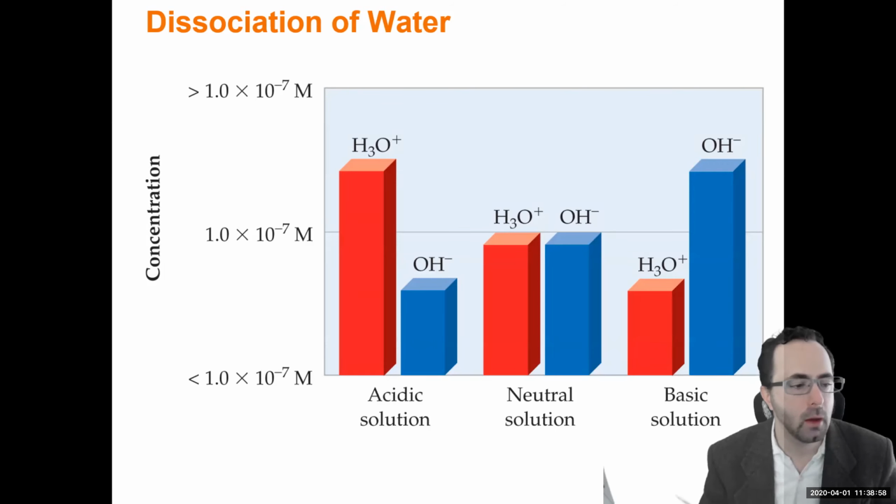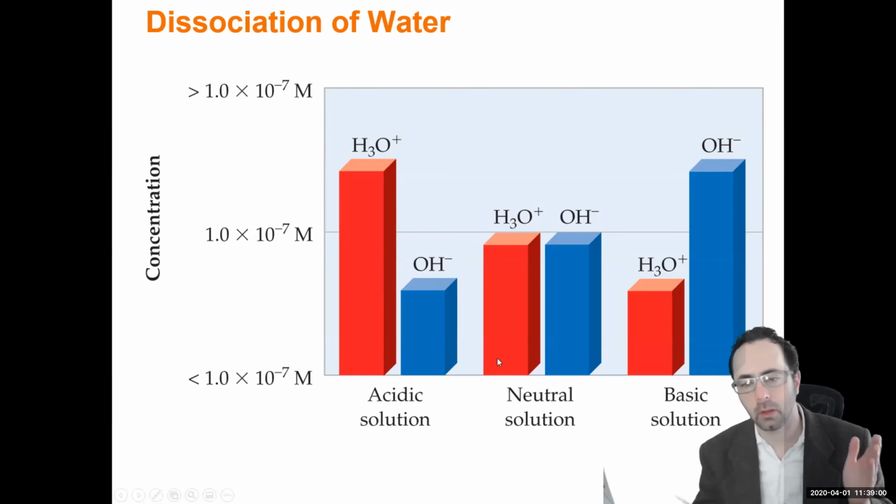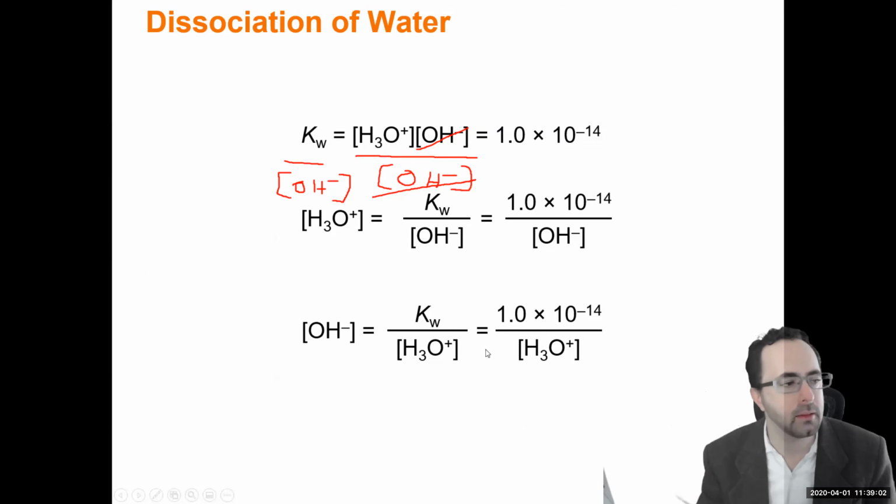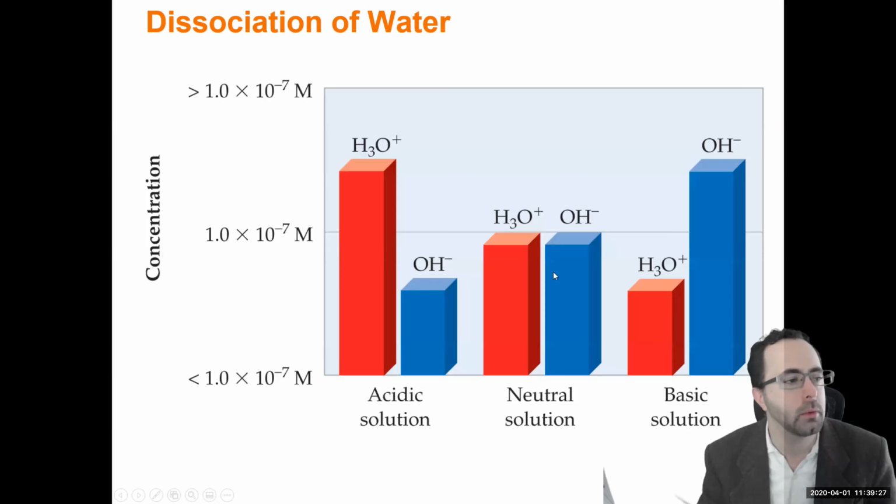So now back to this acid-base leveling effect. What we're saying is that if this number for hydronium is higher, then this hydroxide number has to be lower if they're still going to multiply to 1 times 10 to the minus 14. If the hydroxide increases, then the hydronium must be smaller. Their concentrations in water must always multiply to the Kw.